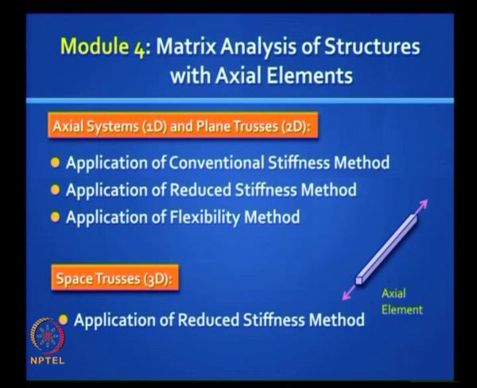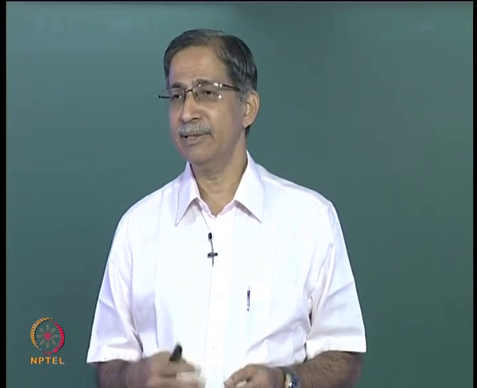All 3 we had covered in the third module, and we will also see how these methods can be used to space trusses, which are a little complicated, but in terms of actually solving problems, we will apply only the reduced stiffness method.